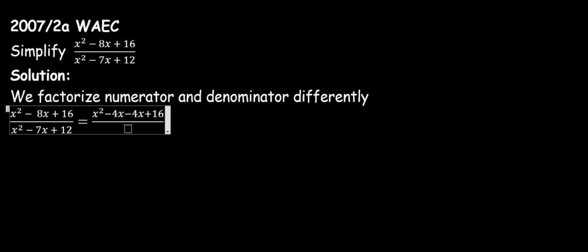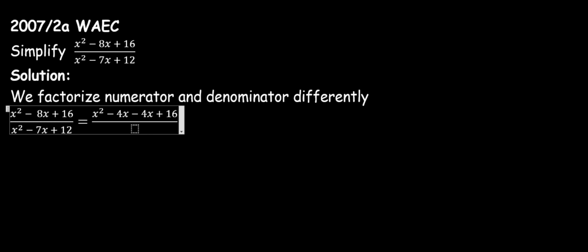And we are looking for the factors of 16 that when added together will give us minus 8. And those two factors are minus 4, minus 4. When you multiply minus 4 times minus 4, you get plus 16. But when you add them together, it gives you minus 8. So our 8x will now be changed to minus 4x minus 4x. That's what you have at the numerator.